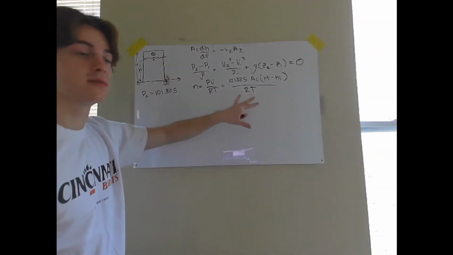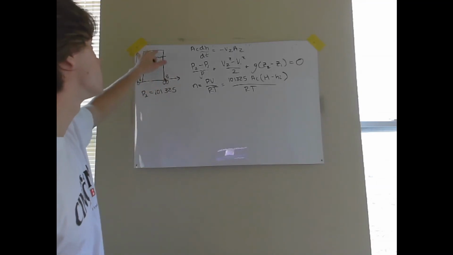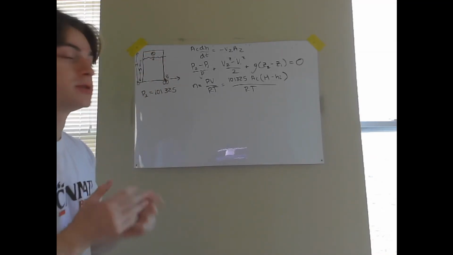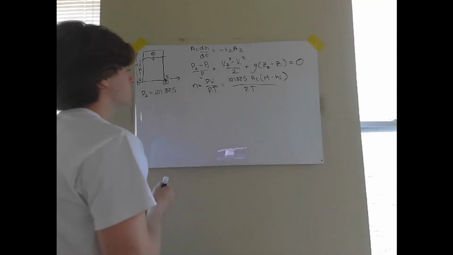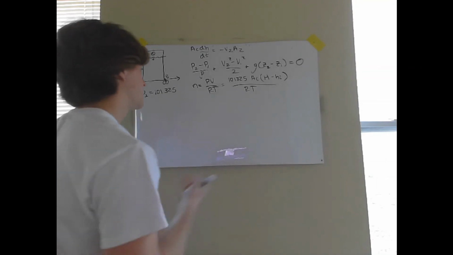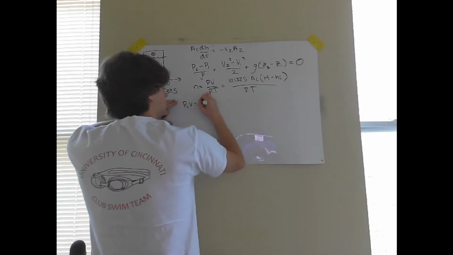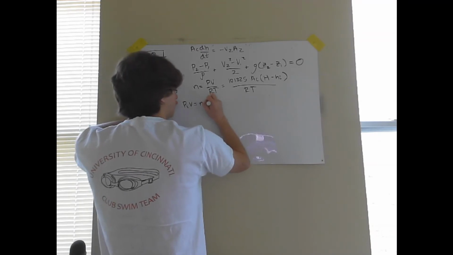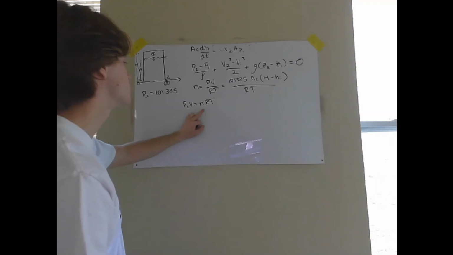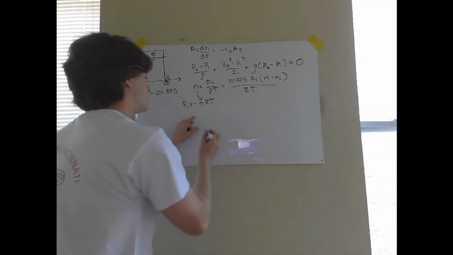This expression gives us the amount of moles of air that we start with at the top of the tank, and this number is not going to be changing throughout the problem. So now we can use gas laws again to get an expression for P1. P1 times V is going to be equal to nRT, and we can substitute this equation in here.